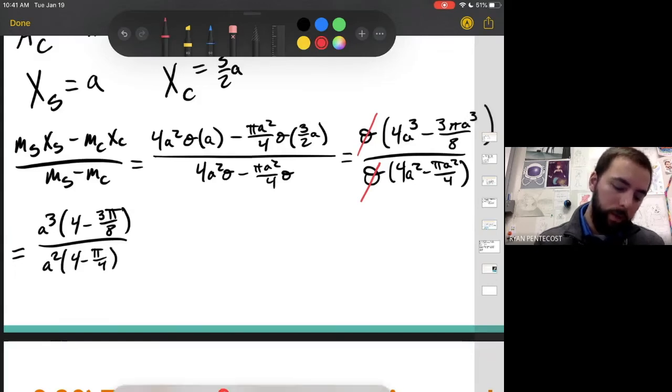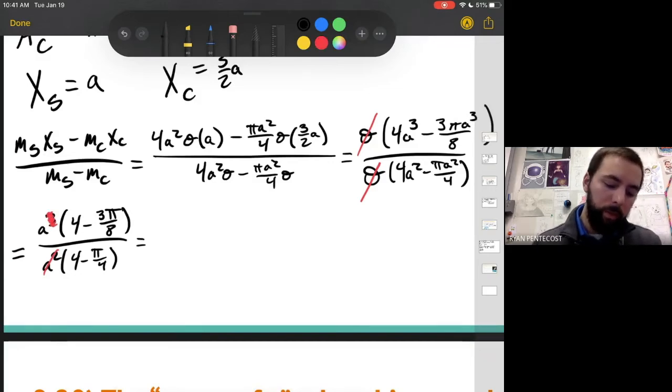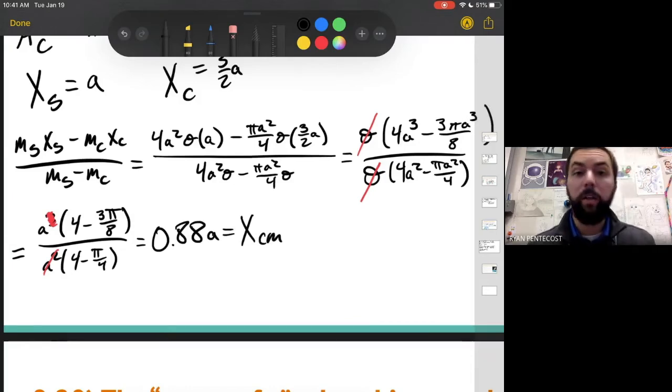So here, a squared is going to get rid of 2 of those 3 a's, just leaving an a. And then you can put this in your calculator to figure out what all of this equals. Long story short, that's going to equal 0.88 a for the center of mass along the x direction.